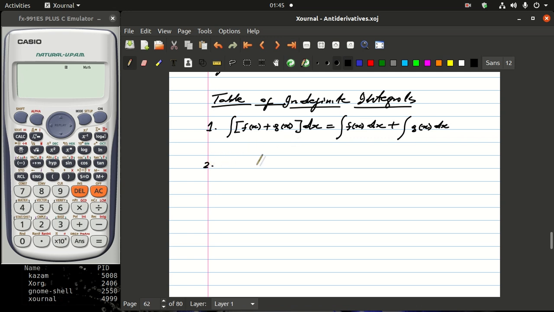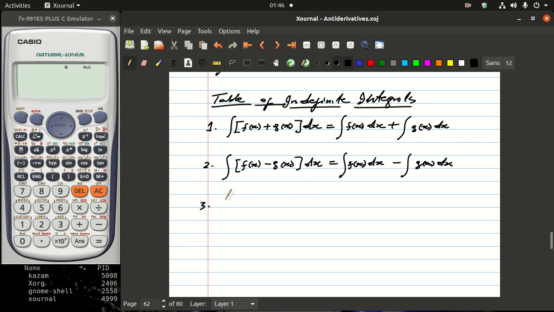The second one is saying, if you are having two functions, f of x and g of x, being subtracted, you can always find the indefinite integral of the first function and subtract the indefinite integral of the second function, and then you will be sorted.